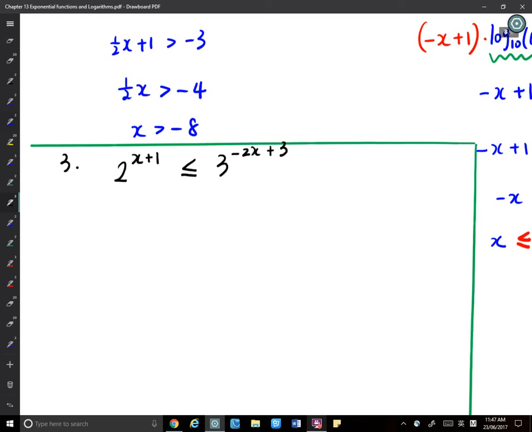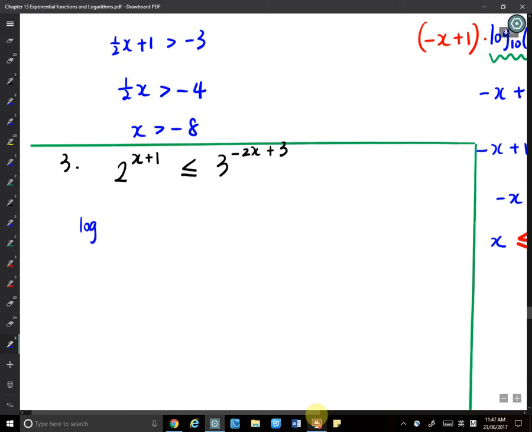What's the base in this question? What's the base number? 2 or 3. So I can choose either 2 or 3, because they are both greater than 1. It doesn't matter, they're the same. So I'll just choose 3 on both sides first. That's log 3 of 2^(x+1) smaller than or equal to log 3 of 3^(2x+3).